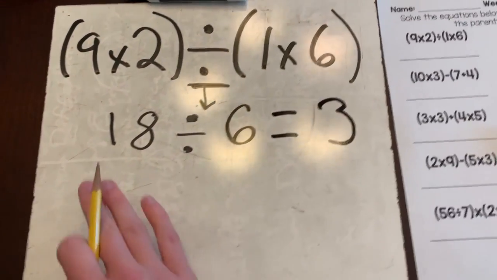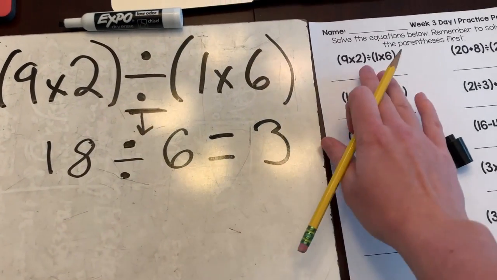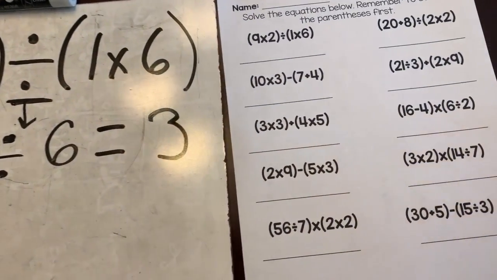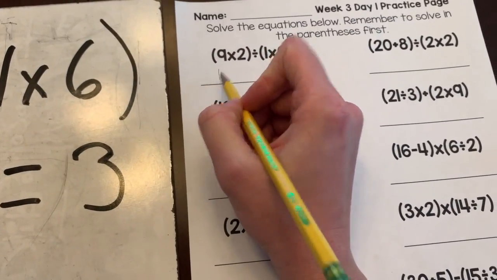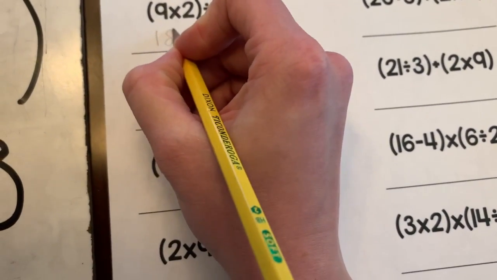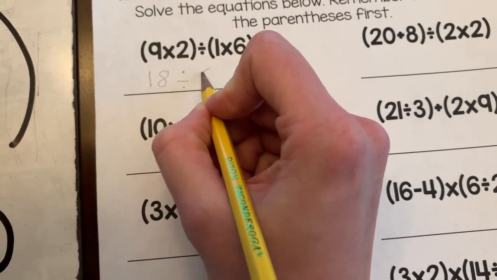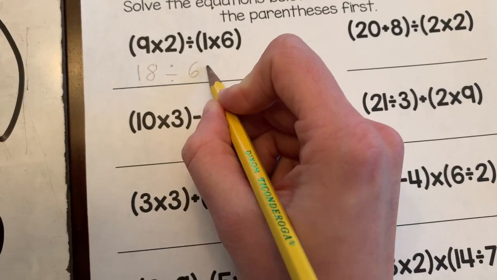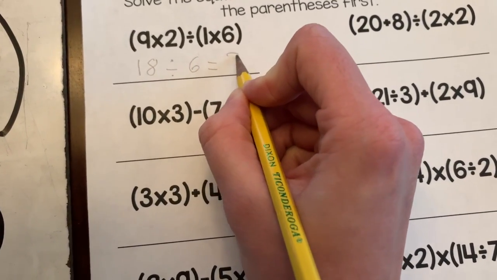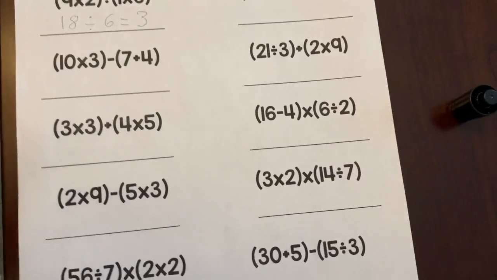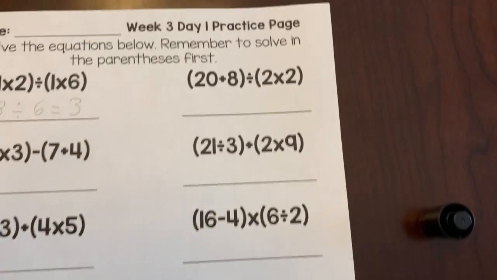Remember that we want to write this whole equation on the line so I can see your thinking. 18 divided by 6 equals 3.